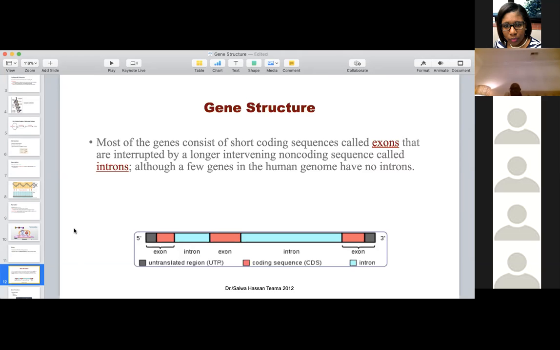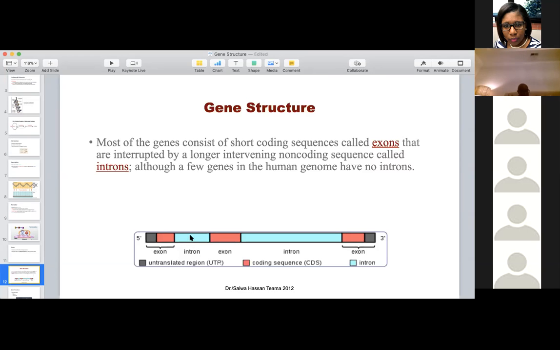Okay, so there's two parts of this gene structure that you should be familiar with. They are the coding sequences. These are the ones that we'll use to synthesize our protein, and then our non-coding regions will not code for proteins, and those are introns. Okay, so in red are exons, okay?